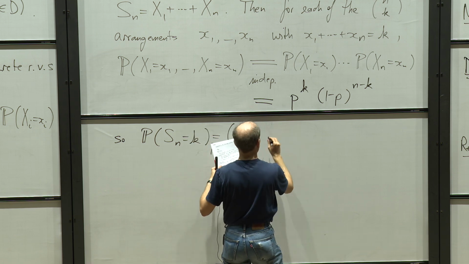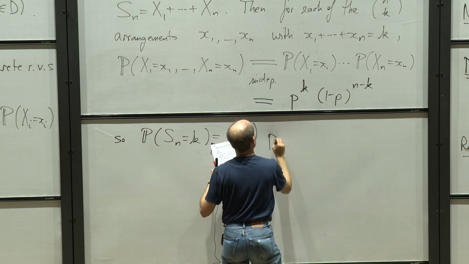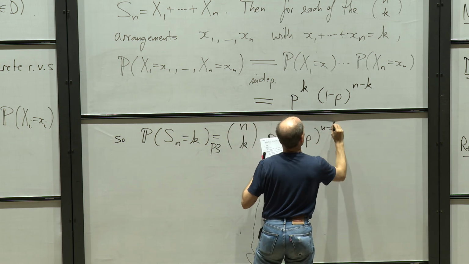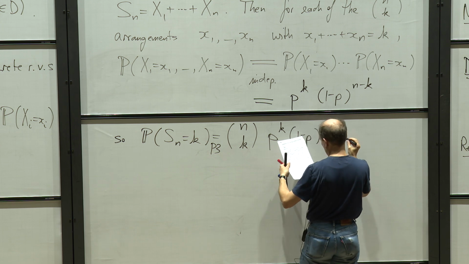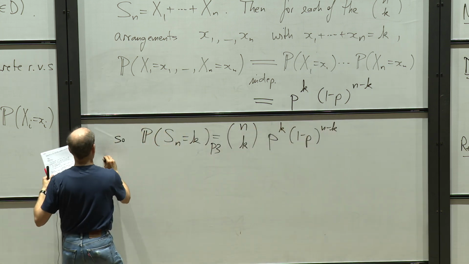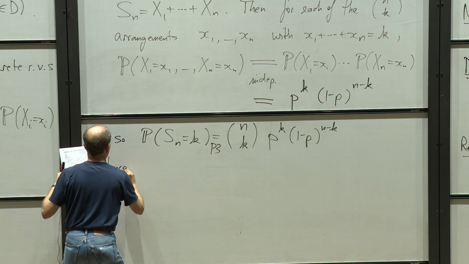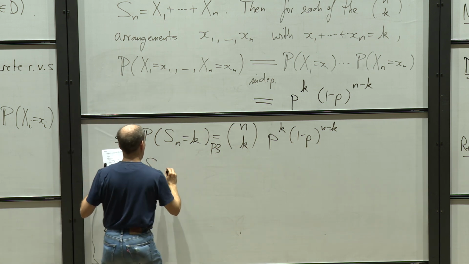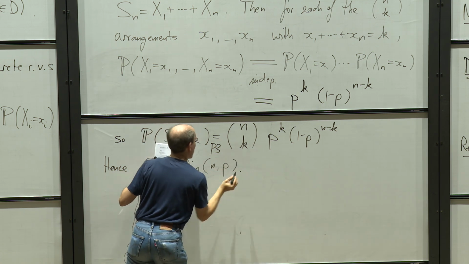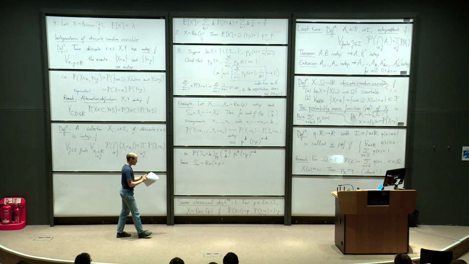That gets multiplied into that always same probability, p to the k into 1 minus p to the n minus k, and that is the binomial probability mass function. Hence, this Sn is binomially distributed with parameters n and p.